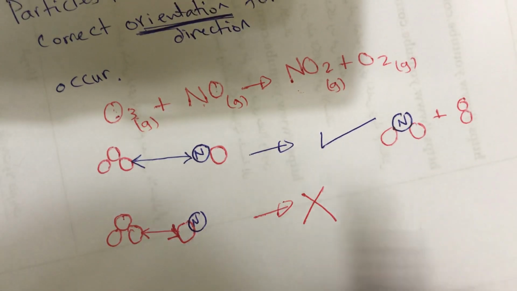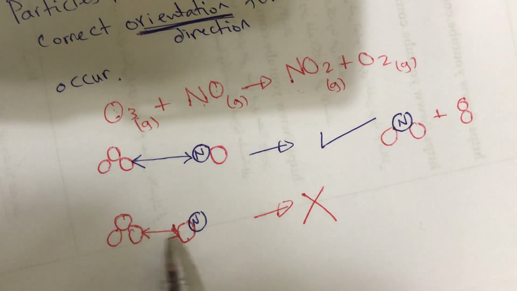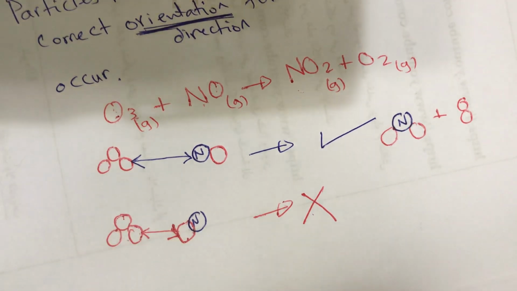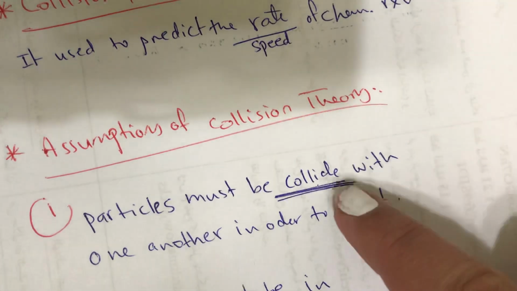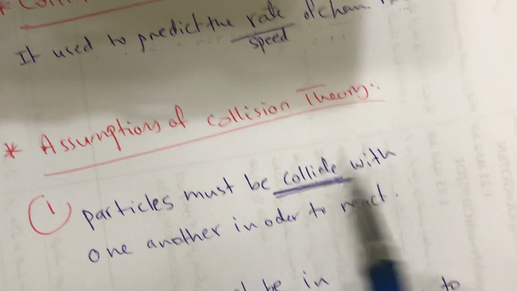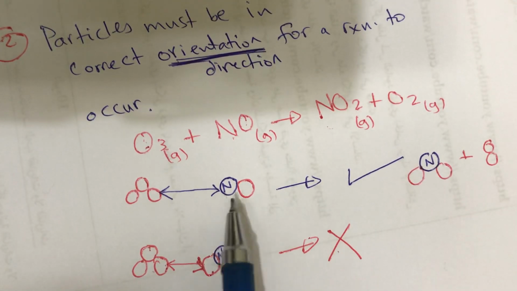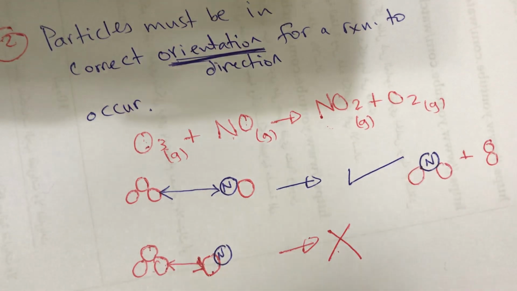In the second case, oxygen collides with another oxygen atom, so no reaction occurs. So the first assumption is that particles must collide, and the second is that they must collide in correct orientation.